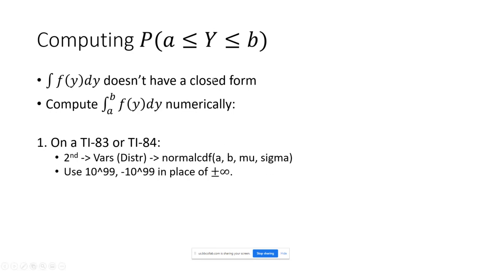And if you do want just a one-sided probability, say the probability that y is greater than or equal to A, so no upper bound, no B, in that case you would use infinity for B, which you can put into your calculator as the approximation 10 to the 99th, just a very large number.